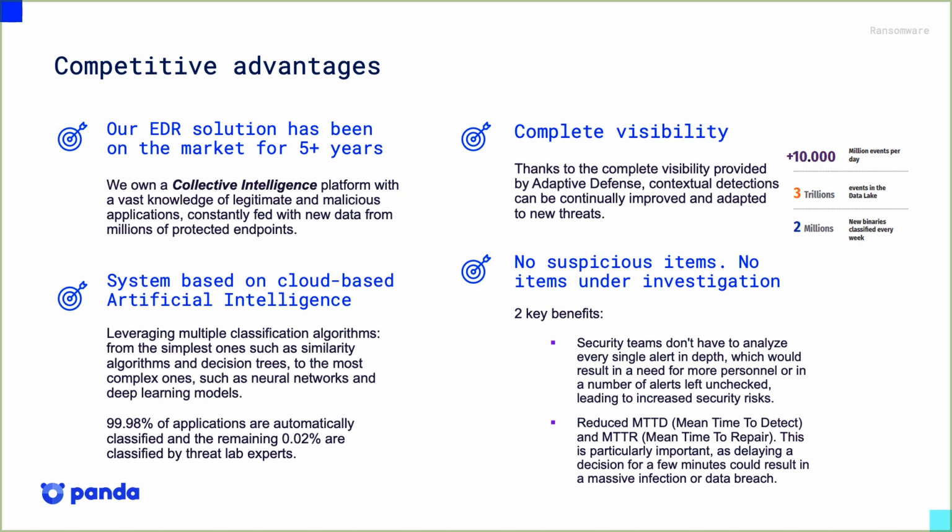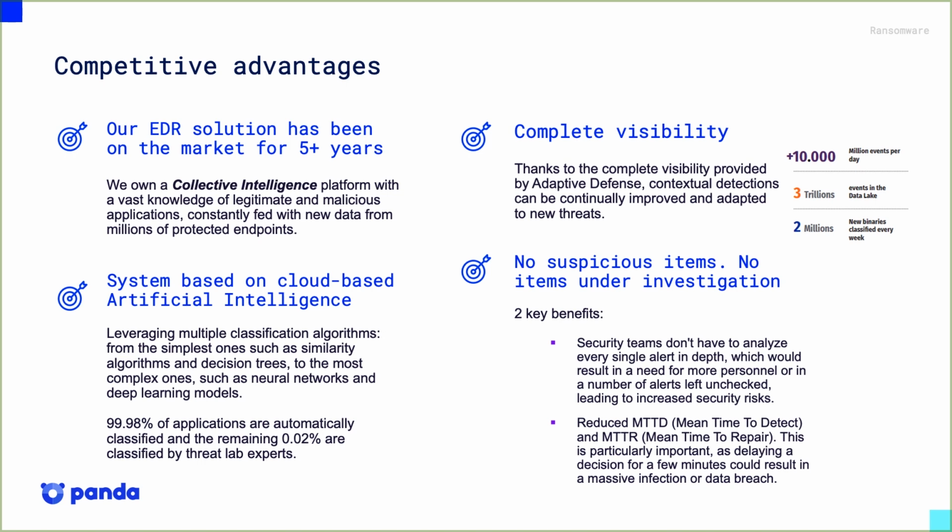This EDR solution provides us with complete visibility, taking a look at everything that is happening on the machine, allowing us to further define those all-important contextual detections. And highly important is that there are never any suspicious items or items that are under investigation.